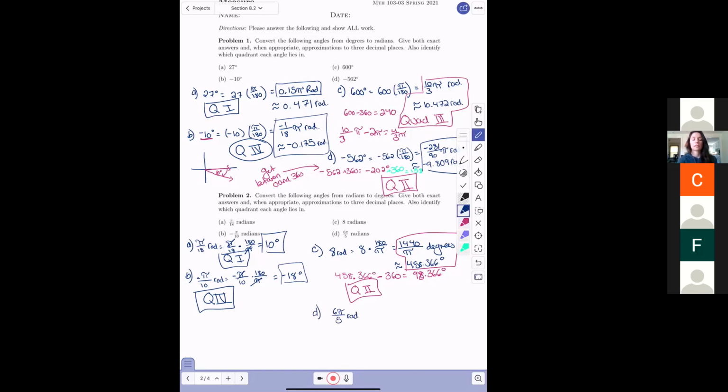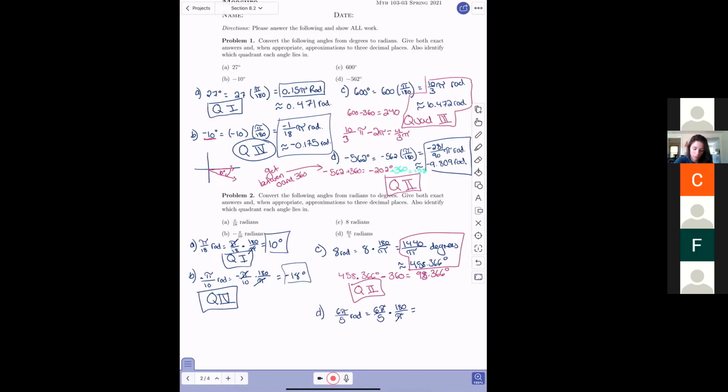All right, next we have 6 pi over 5 radians, which is equal to 6 pi over 5 times 180 over pi. The pi's divide out to 1, so we have 6 times 180 divided by 5, which is 216 degrees.